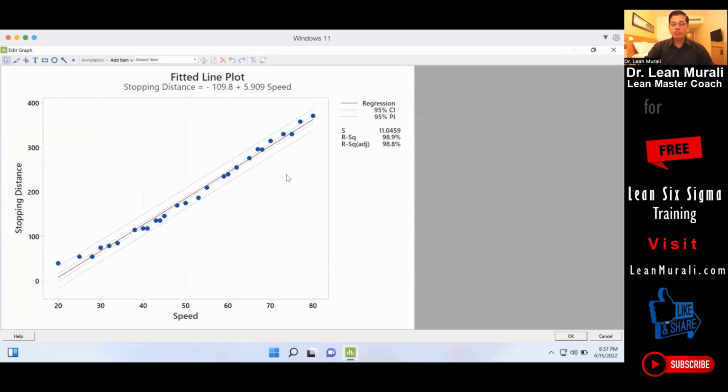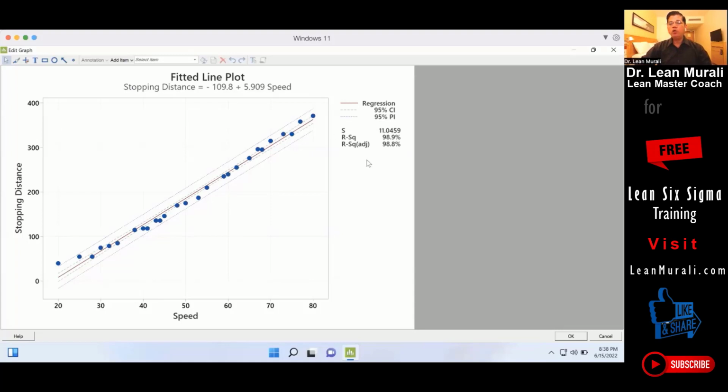Now let me explain. Point number one that you noted was the scatter plot. Point number two was the correlation, which we found is 0.99, so it is strongly correlated. Point number three was the regression line. Point number four was the equation of the regression line.